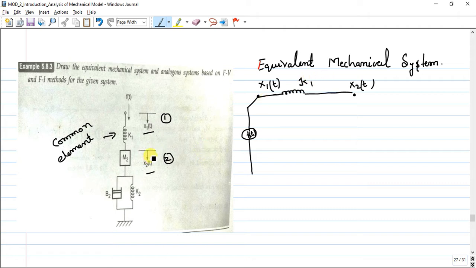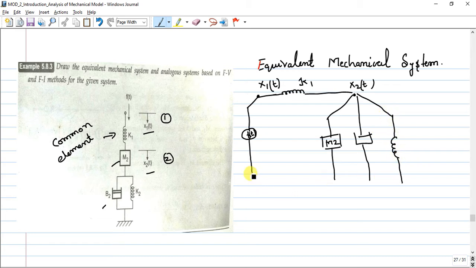When I check x2 of t, I can clearly state I have three elements, mass m2 and k2 and b2. Three elements undergoing displacement x2 of t. So I will represent three elements. First, mass m2, and one more friction, and one more spring.